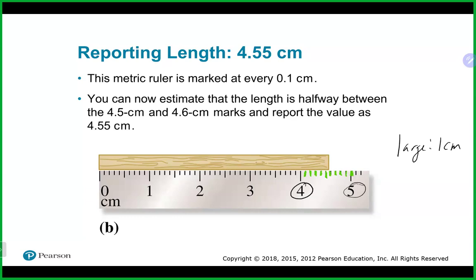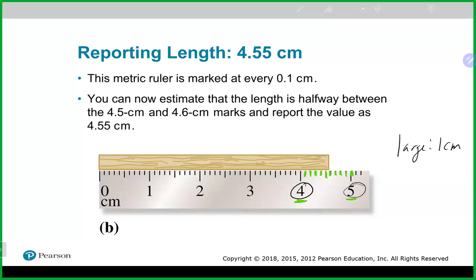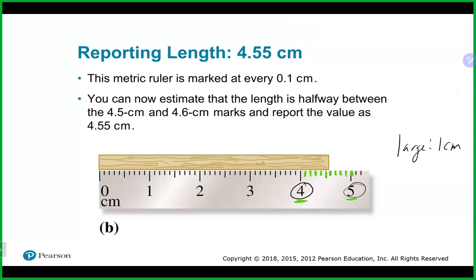So we have 10 markings between them. Again, we want to start past the last large marking, which is 4, and stop at the next large marking, which is 5. That's going to give us our certain numbers. If we look at it, it is at least 4.5.